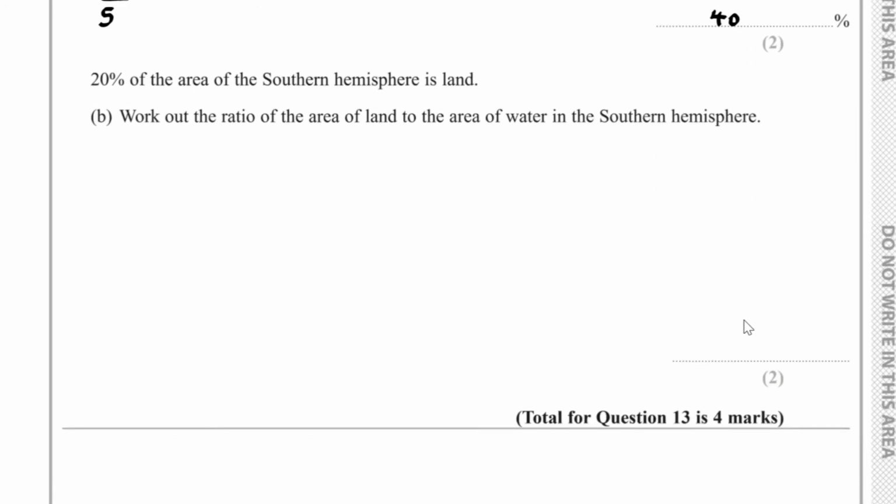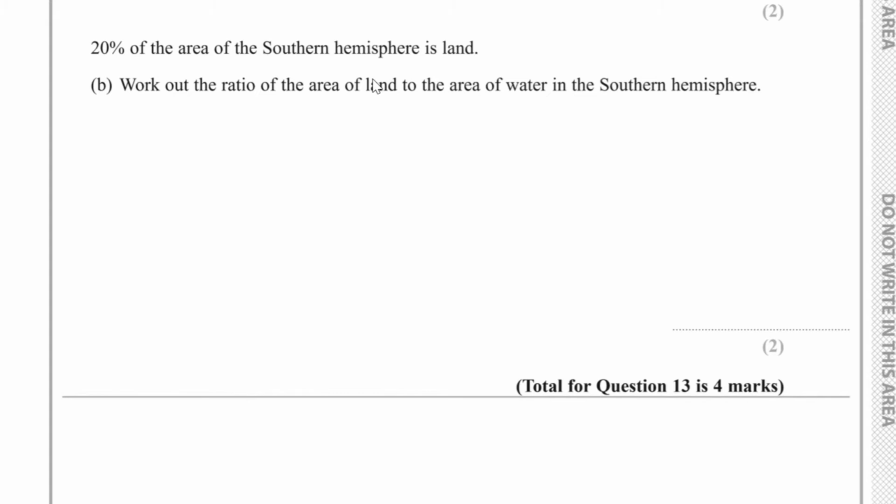Then 20% of the area in the southern hemisphere is land. We have to work out the ratio of the area of land to the area of water in the southern hemisphere. Well, if I think about the ratio of land to water, 20% is land, which means 80% is water.